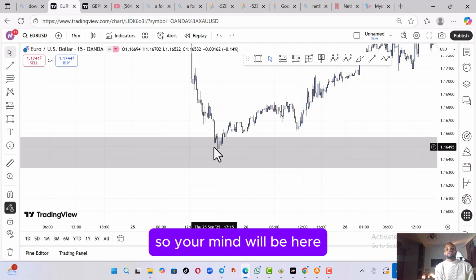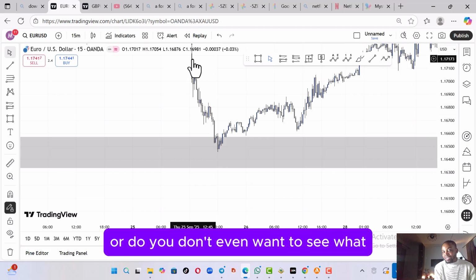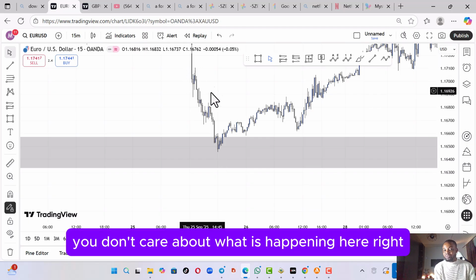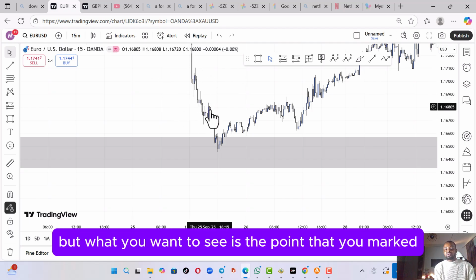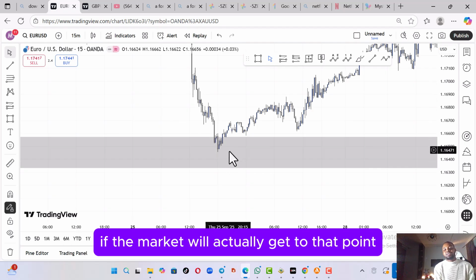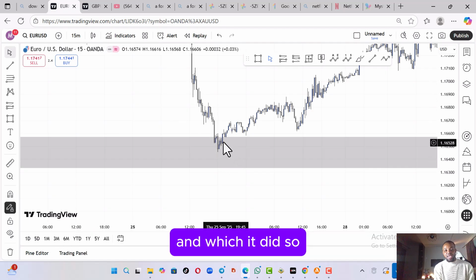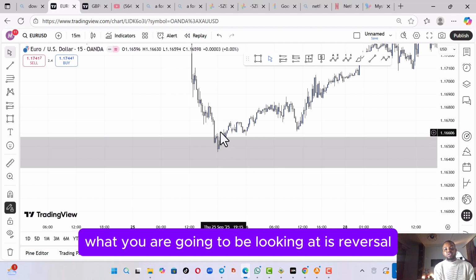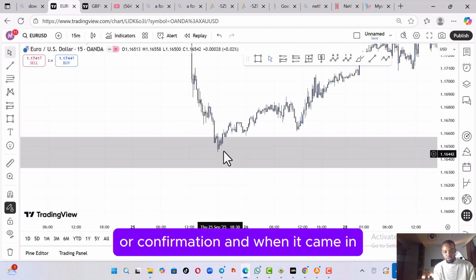So your mind will be here, not on what has been happening. You don't care about what is happening here, right? What you want to see is whether the market will actually get to the point that you marked, which it did. So what you are going to be looking at is reversal or confirmation.